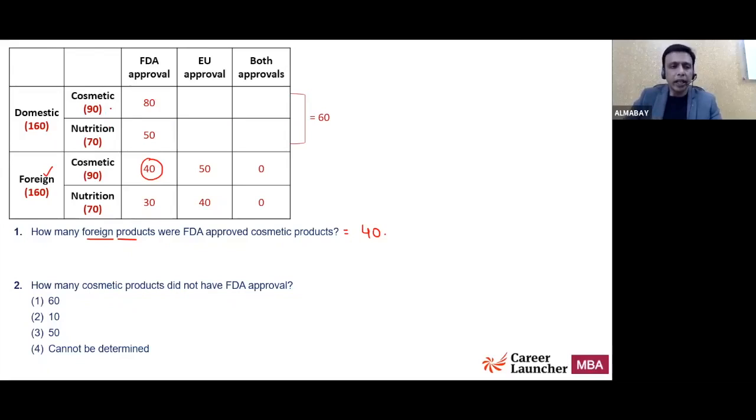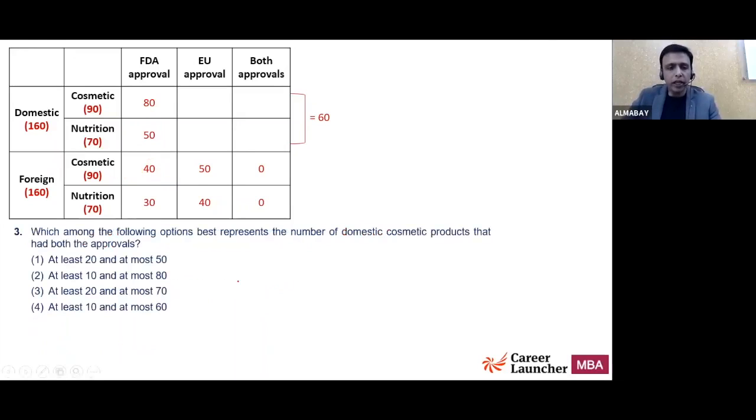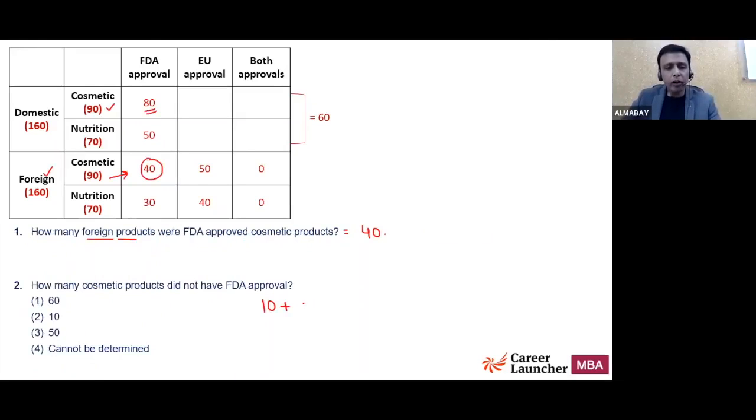Logically 90 cosmetic हैं, इसमें से 80 के पास approval है, तो there will be 10 domestic products without the FDA approval, and another 90 में से 40 के पास approval है, so there will be 50 foreign cosmetic products that would not have approval. So the answer would have been 60, which is option 1.